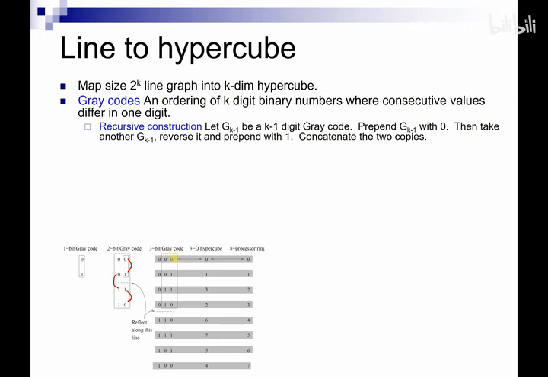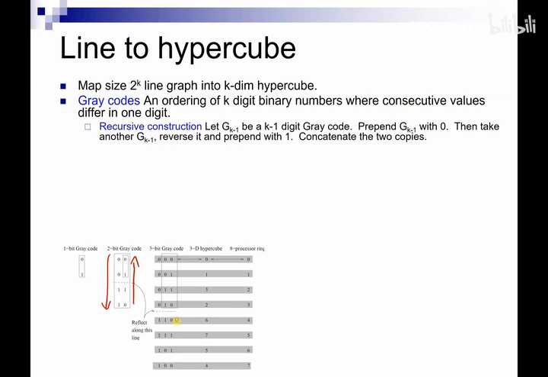First, you take a copy of the 2-digit gray code and prepend all of the values with 0. Now you have a bunch of 3-digit values. Next, you take another copy of the 2-digit gray code and reverse it, so instead of going in this order, we go in this order.